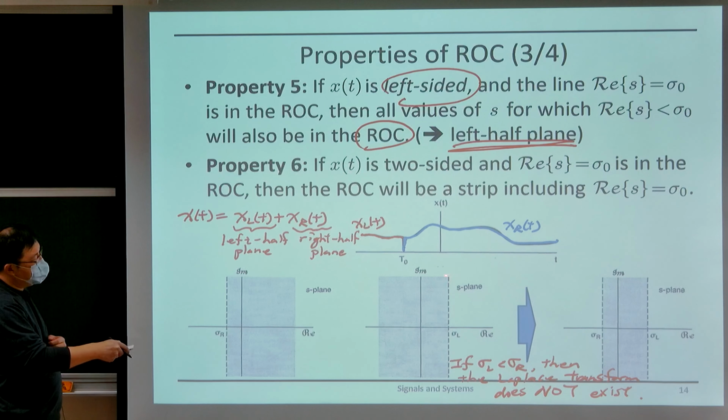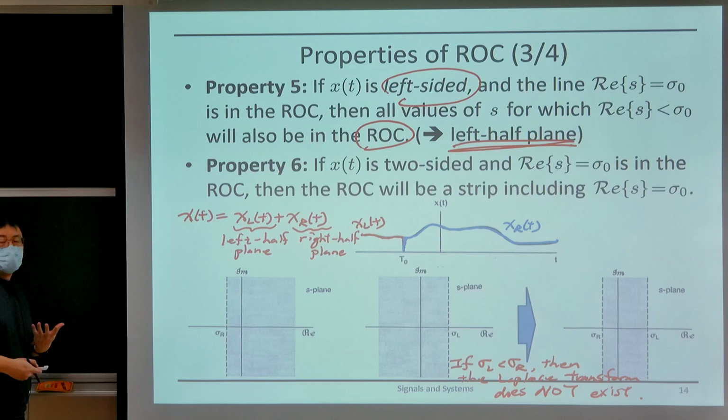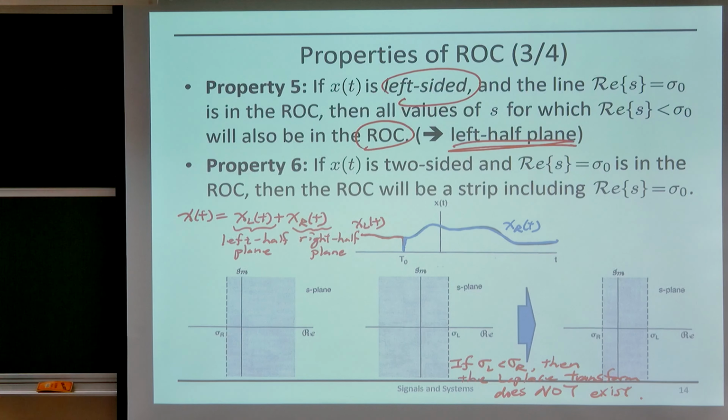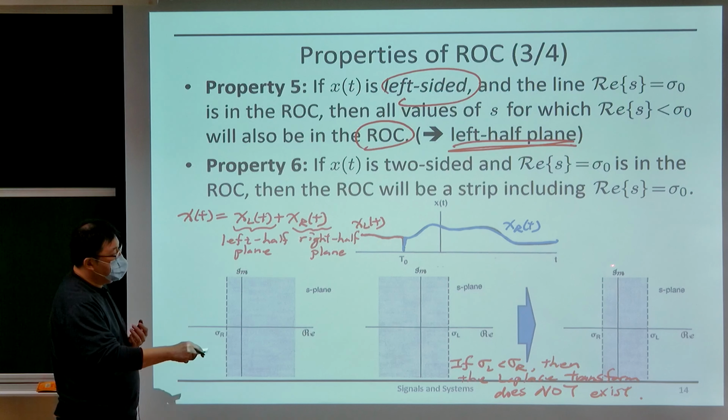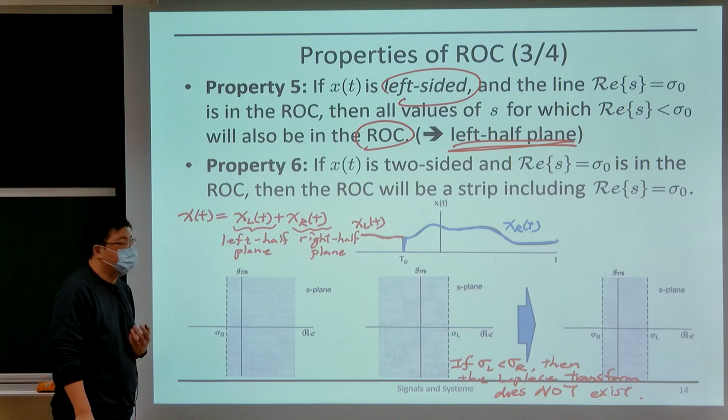The region of convergence must be the plane to the left of some value, let's say sigma L. And for the right-sided signal, the region of convergence must be to the right of some value sigma R, okay? So the region of convergence for this overall signal x of t should be containing the intersection of these two regions, which will end up to be a strip, right, if it exists, okay?